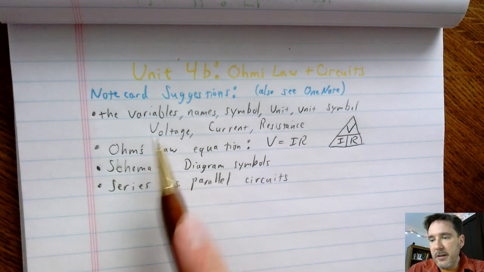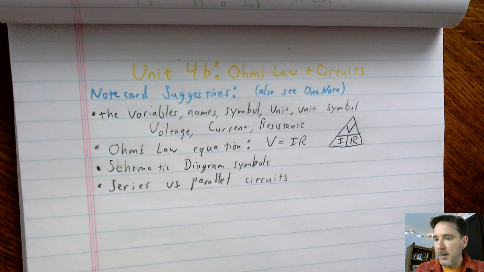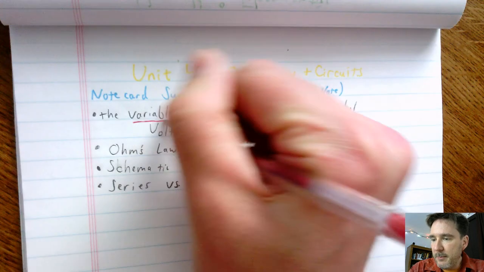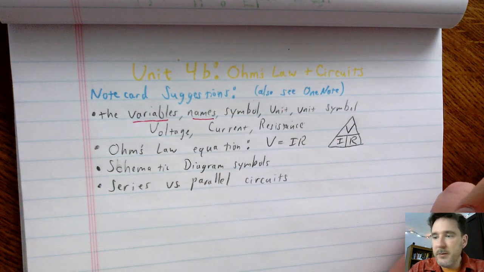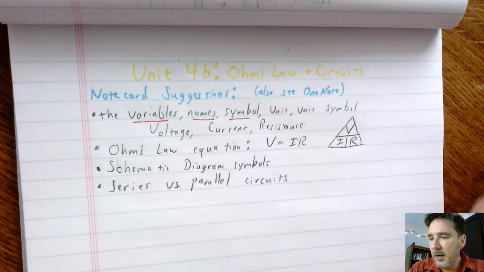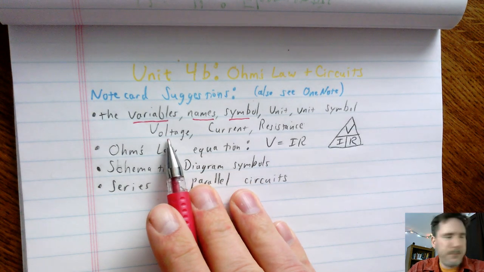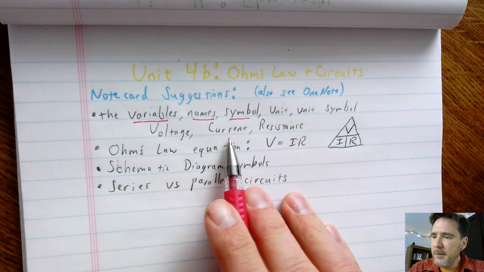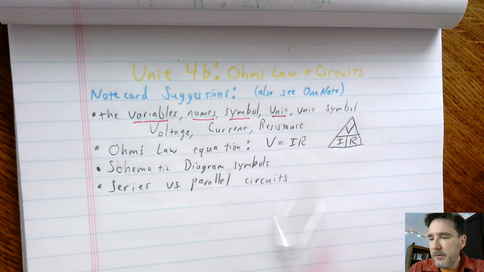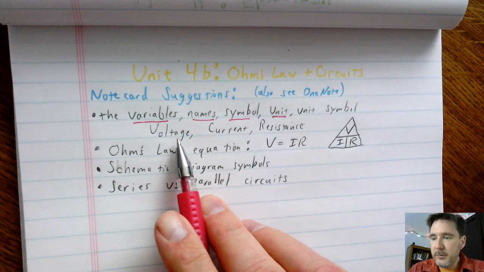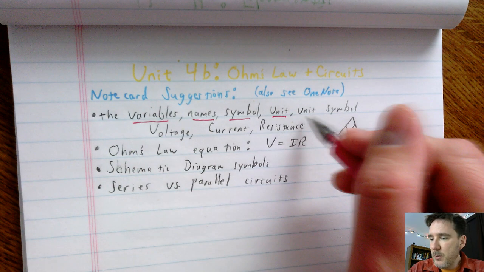Make sure you understand what the variables are. So that's going to be a big one. The names of the variables, in other words, voltage, current, and resistance. The symbols: V for voltage, I for current, and R for resistance. Make sure you know the units, volts for voltage, and then the unit symbols too.